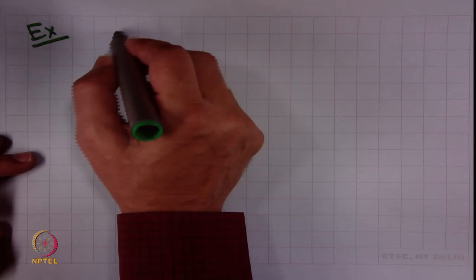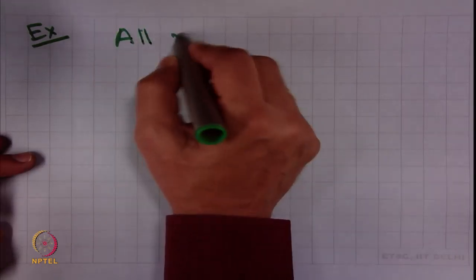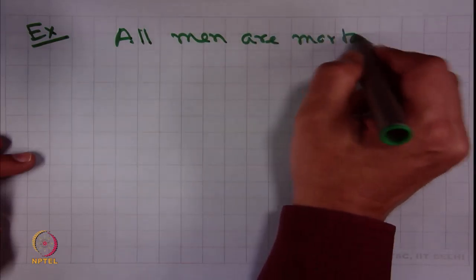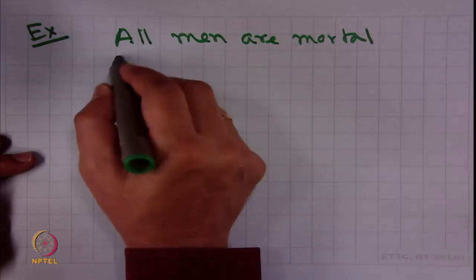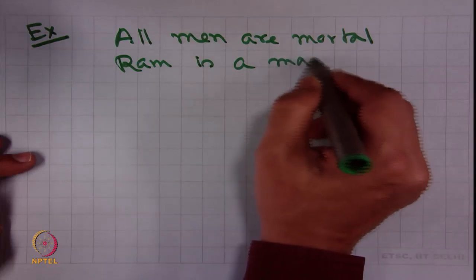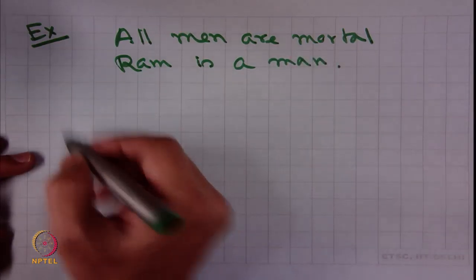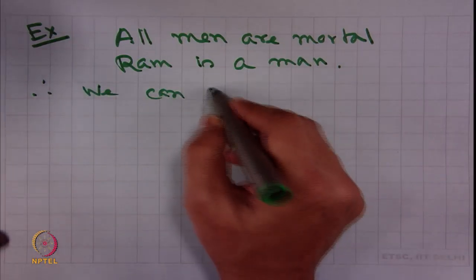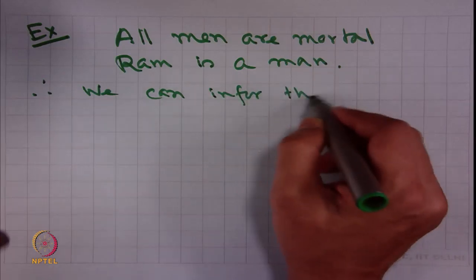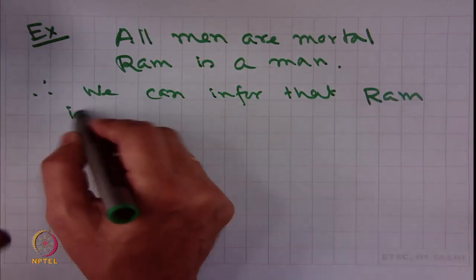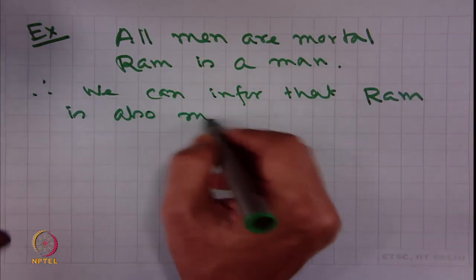For example, all men are mortal, Ram is a man. Therefore, we can infer that Ram is also mortal.